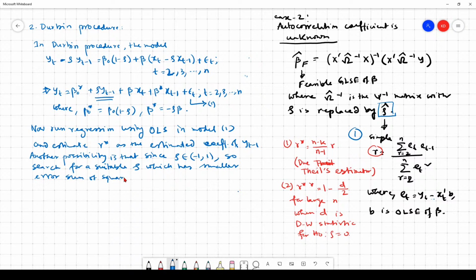There are other methods. I just mentioned the methods. If you're interested, you can go through this. I do not want to discuss these methods here. That is Cochrane-Orcutt procedure. This is another method for estimating rho.